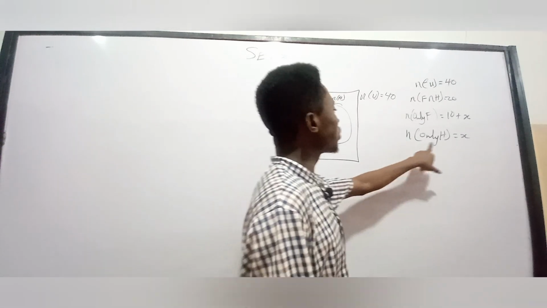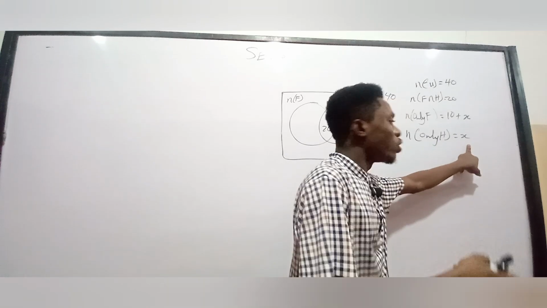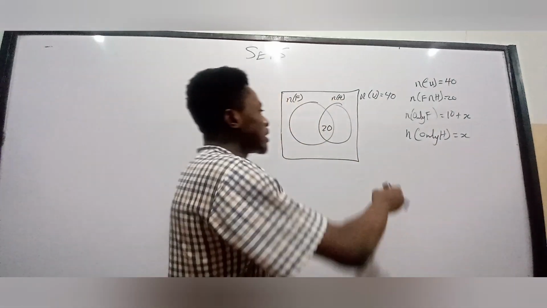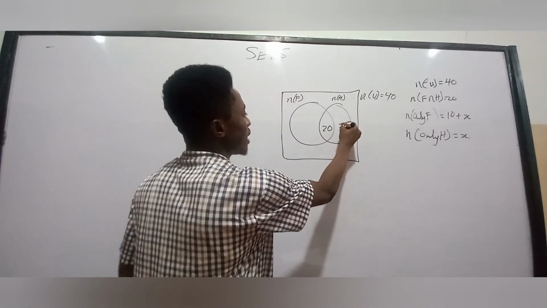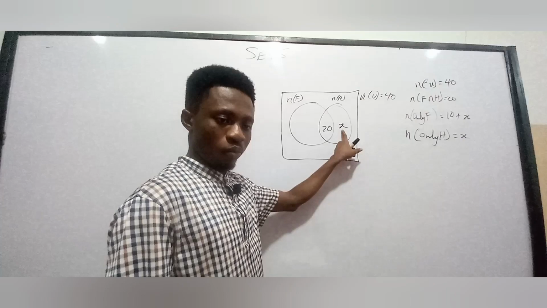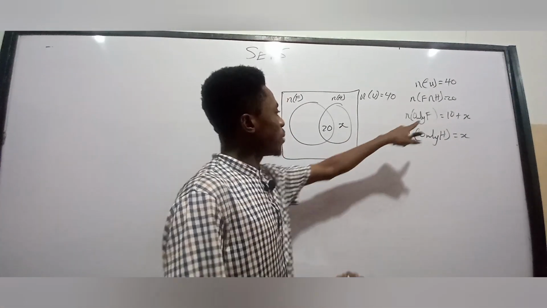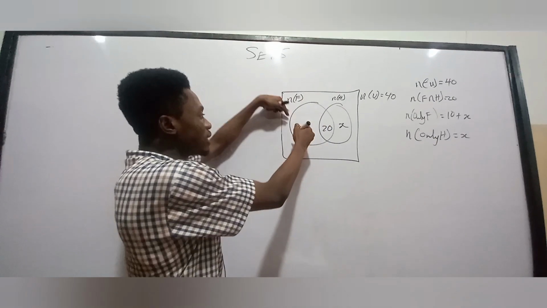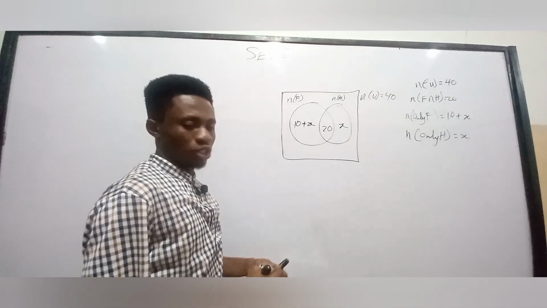So we have to denote history by an alphabet or a variable, which is X. So since now history has been denoted by X, we can boldly say here is what? X, because that's only history. Okay, so when we write here as X, then we can say that only French is what? 10 plus X. Do you understand?